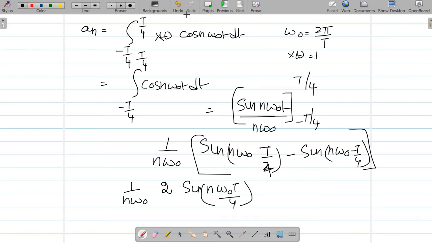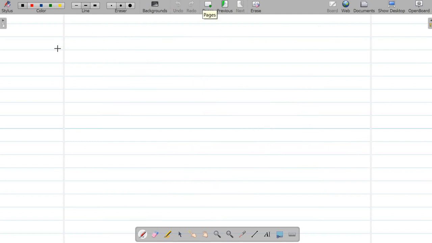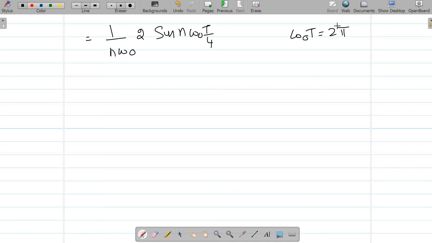So let me go to the next page now. So it is 1 by n omega naught, 2 times sin n omega naught T by 4. Now you know that omega naught into T is equal to 2 pi, since we have defined omega naught as 2 pi by T. Anyway, I think we are missing something, so we'll go to the previous page.